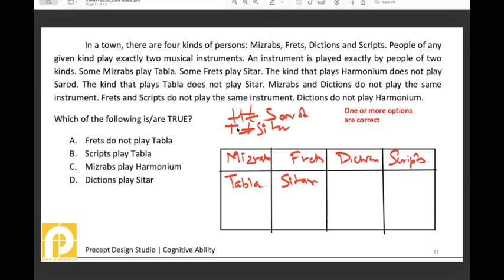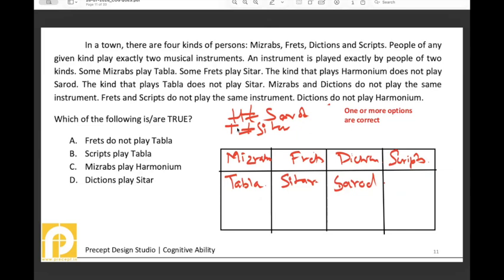Okay. Misrab and diction do not play the same instrument, and fret and script do not play the same instrument. We know misrab plays tabla, yeah, and also diction does not play harmonium. Diction does not play harmonium, which means diction plays sarod.